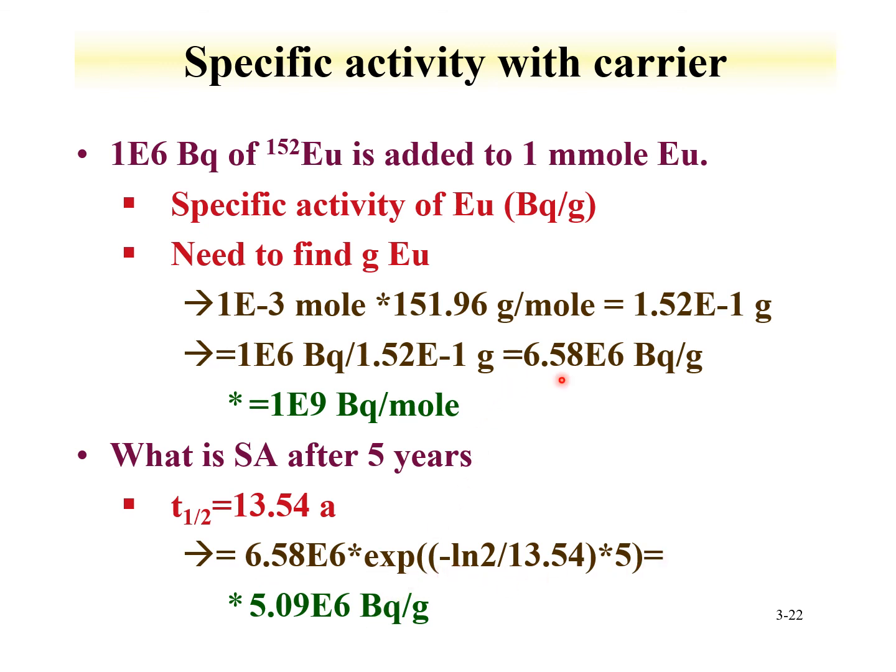So in terms of becquerels per gram, in 5 years, it would go from 6.58 times 10 to the 6 becquerels per gram to 5.09 times 10 to the 6 becquerels per gram. So you do need to consider any changes in activity that would occur with your carrier and specific activity due to the half-life of the isotope that you're adding.